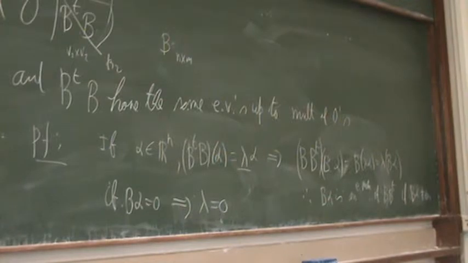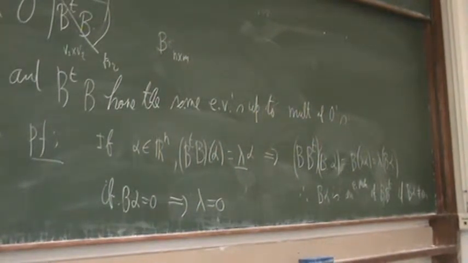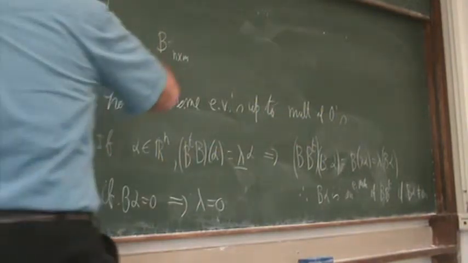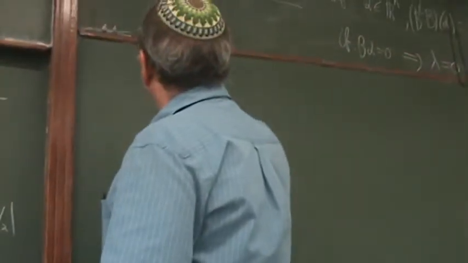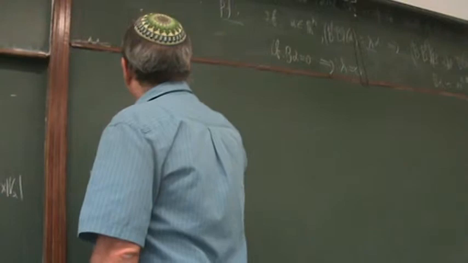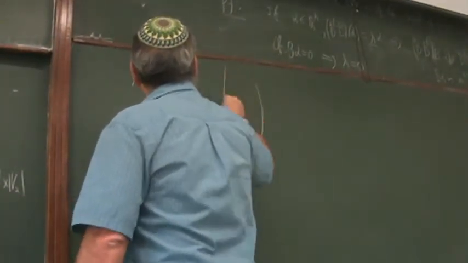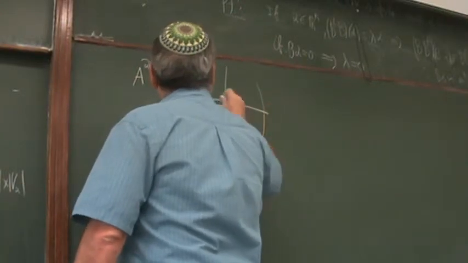So now why am I telling you all these things? Because now we can use it to analyze the eigenvalues of this bipartite graph, because you see, let's look at A squared. A squared actually represents two graphs.